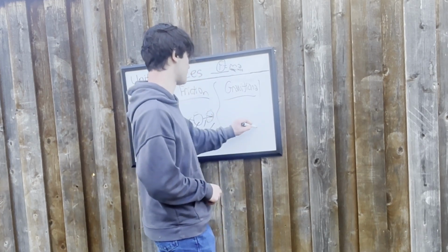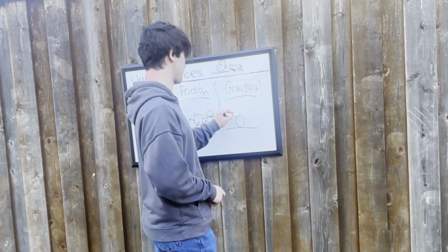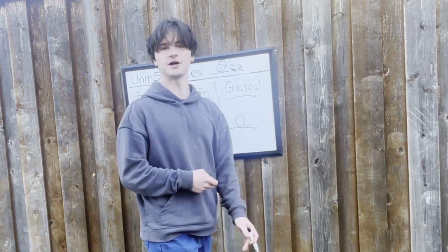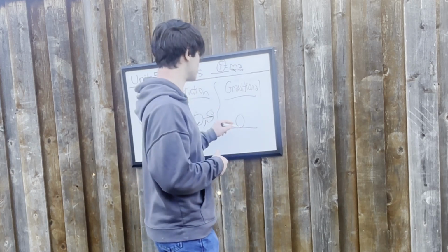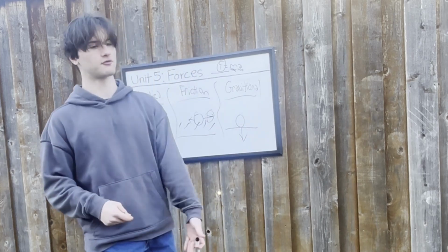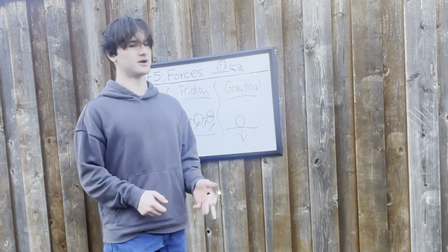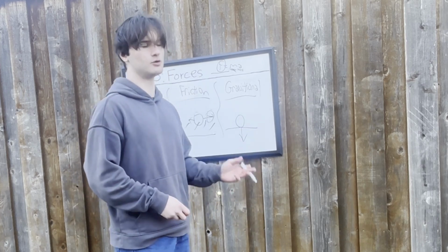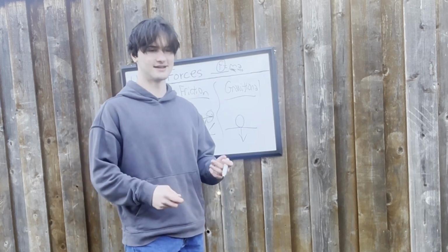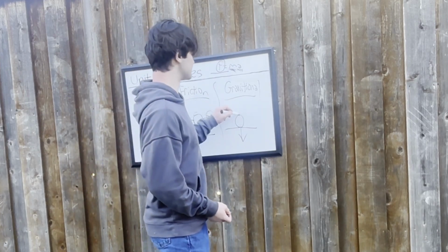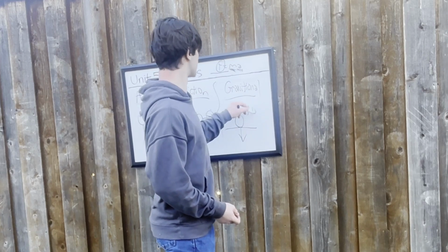So if we have something that is standing still, laying on the ground like me, it's still going to have a gravitational force on it. It's still going to have a force pressing down on it. You might say, well, if it has a force on it, why is it not moving? Well, it's because it doesn't have just one force on it. It has two. So that second force is the normal force.